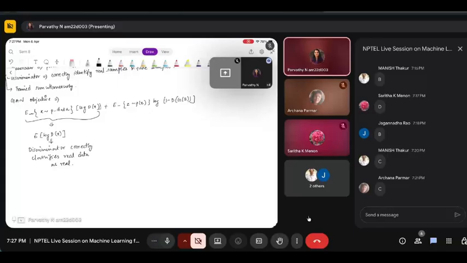Now the second term, that is the expected log of 1 minus D of G of z. This is the expected log probability that the discriminator correctly identifies fake samples as fake.